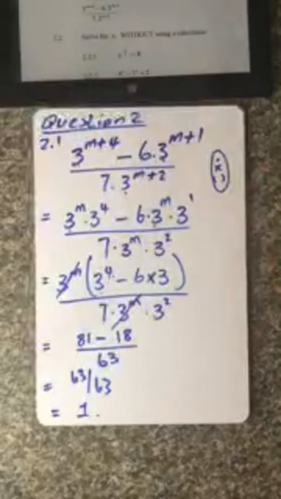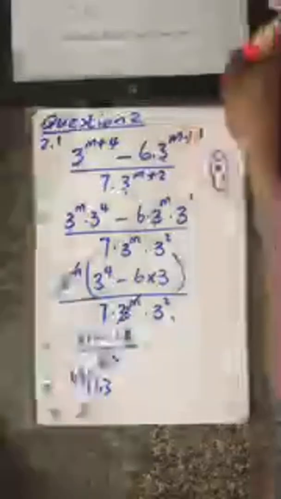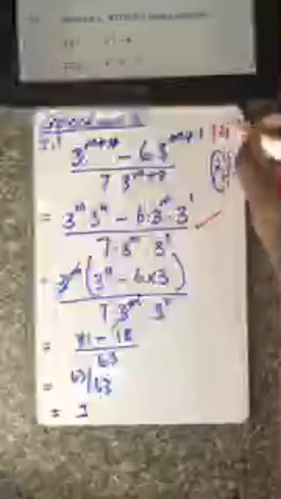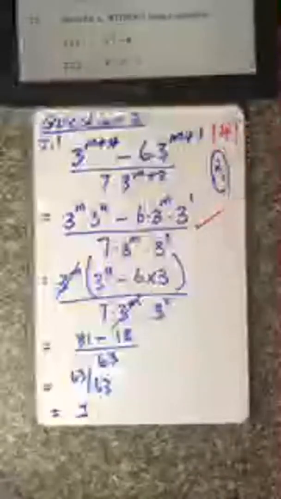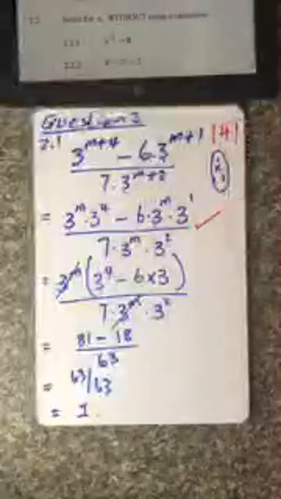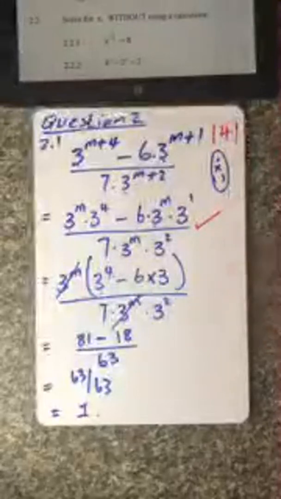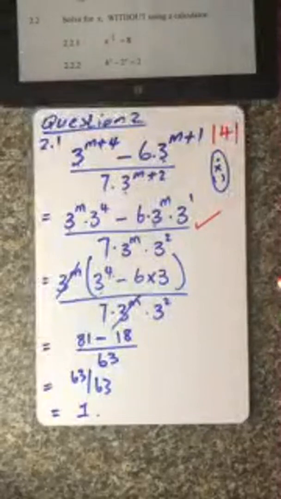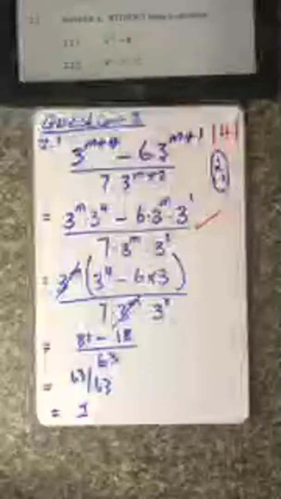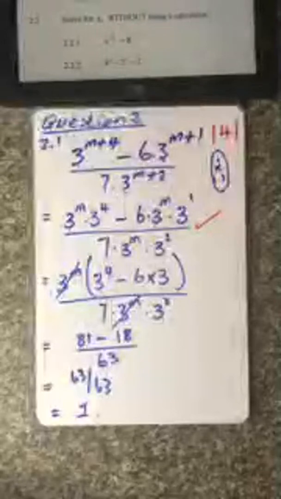So ladies and gentlemen, let's quickly check how many marks this question was allocated. That's why you're most likely to score your first mark. As soon as you've scored your first mark, then we look at the second step.